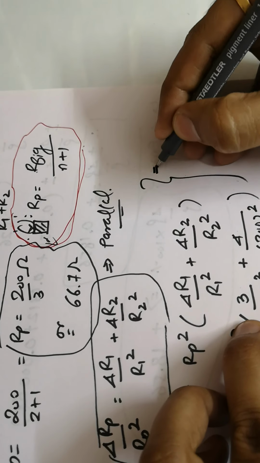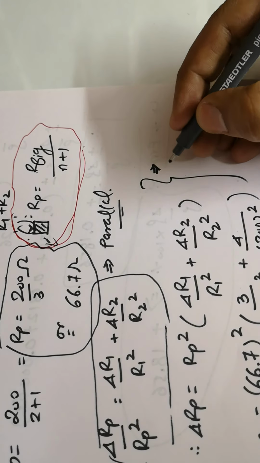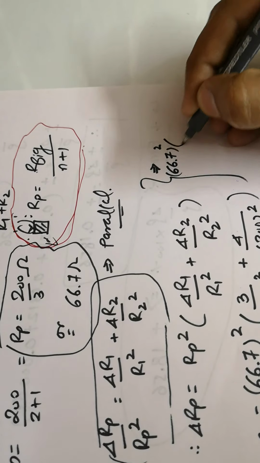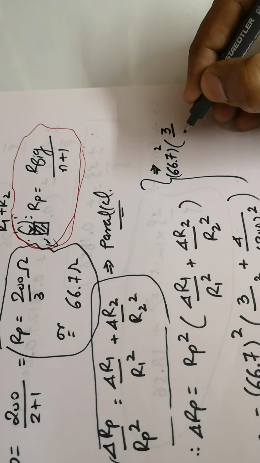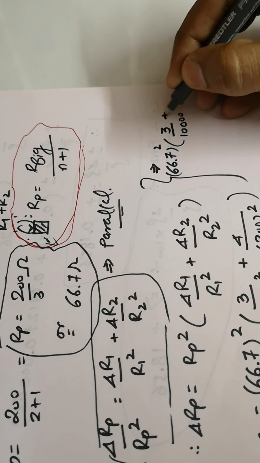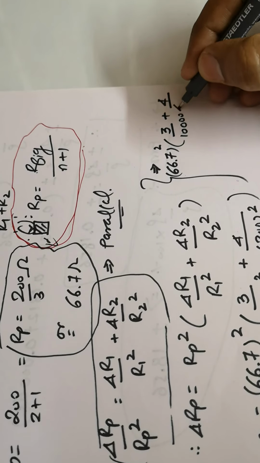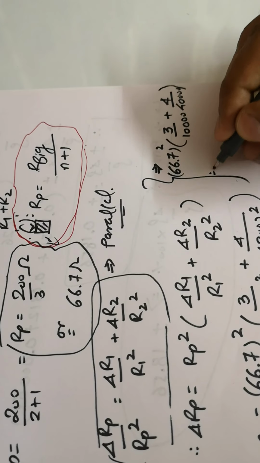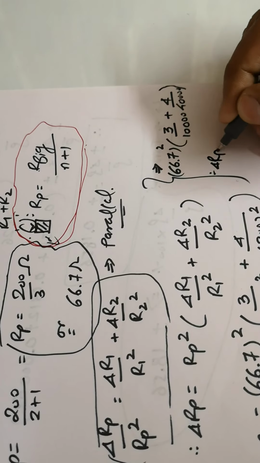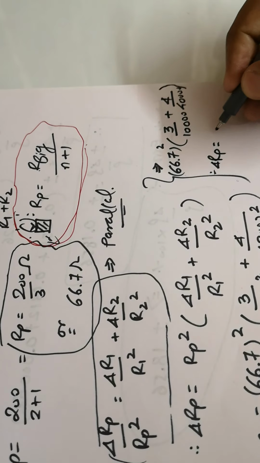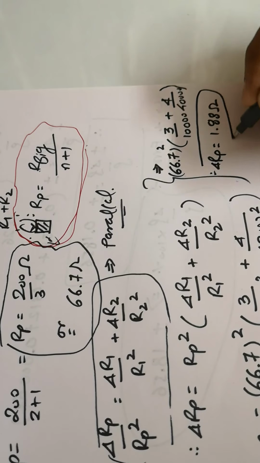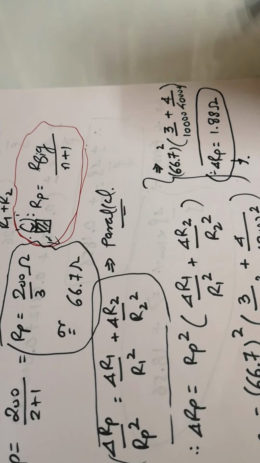So by calculating it, I get 66.7 square times 3 divided by 10000 plus 4 divided by 40000. So by putting all those data, I can say that delta Rp is nearest to 1.88 ohms. So this is the value of delta R parallel.